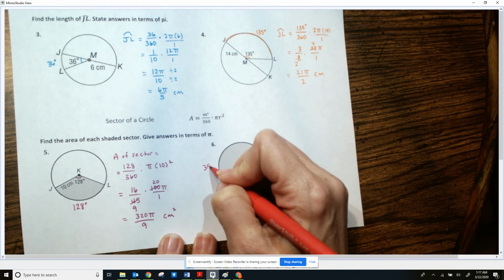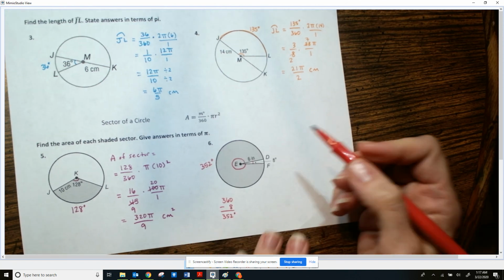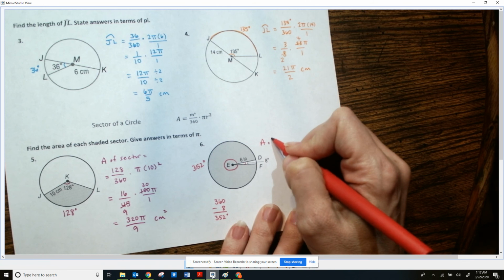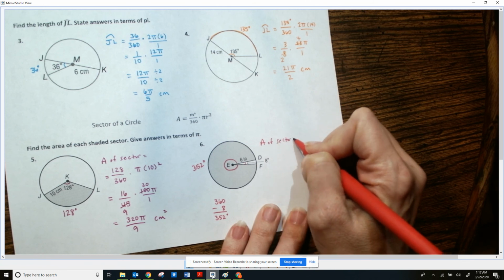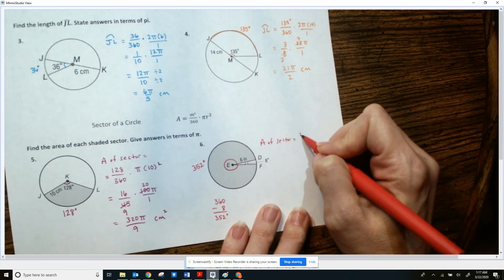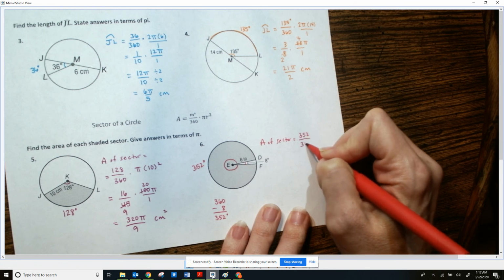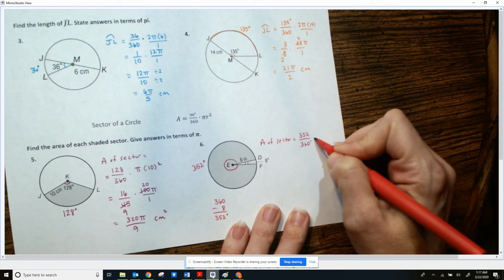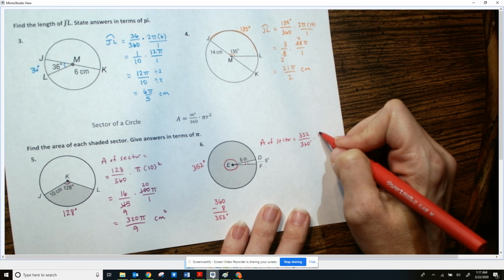So this arc is 352. So again, to find the area of the sector, we're going to take the measure of the arc, 352, over the whole measure of the circle, 360, times the area, which is pi r squared.